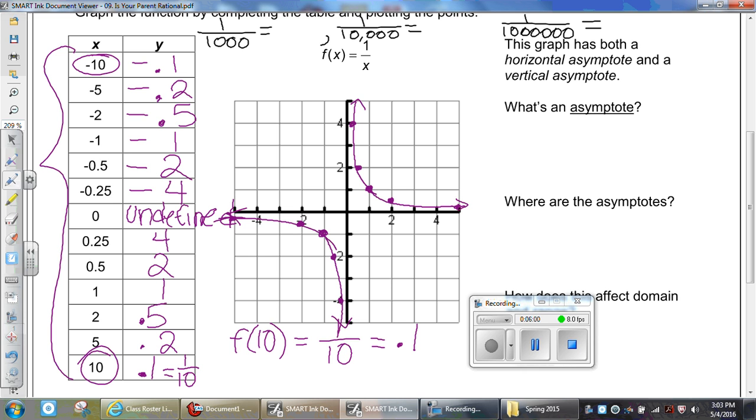Okay, so Alexis, what do you get for the first one? 0.001. Okay. Raquel, what do you get for the second one? How many zeros? 3. Okay.